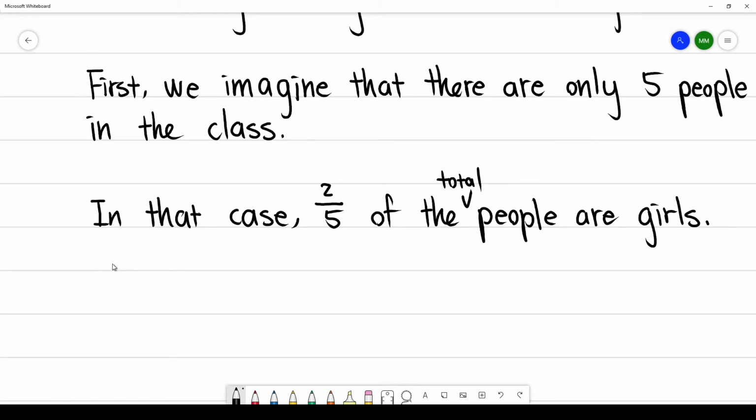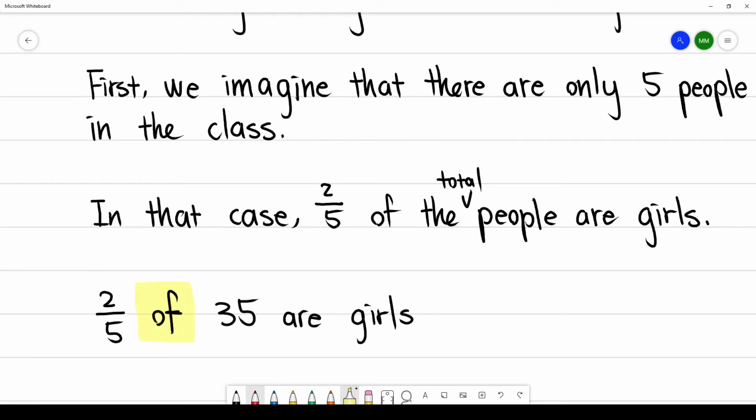So all you got to do now. I think you also learn this in school, like middle school, right? I don't know if you guys have middle school, but I do in my curriculum. 2 out of 5 of 35 are girls, and this "of" here, what I learned in school, indicates multiplication.